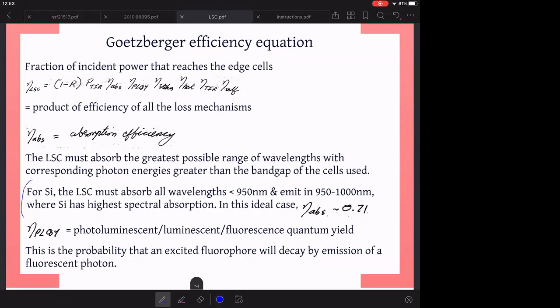If we think of silicon as the solar cell that we're planning to use to absorb the light and turn it into electricity, then the LSC must absorb all the wavelengths less than 950 nanometers, which means higher energy, and emit in the 950 to 1000 nanometer range, because that's the range over which silicon can very efficiently convert photons into electrons, as we saw in the review lecture on solar cells. This is where silicon has the highest spectral absorption. So that gives us a design parameter for designing those molecules that will absorb sunlight and re-emit in this region.